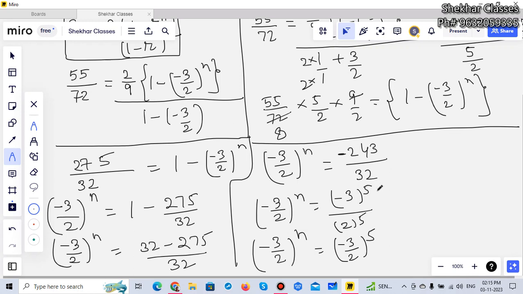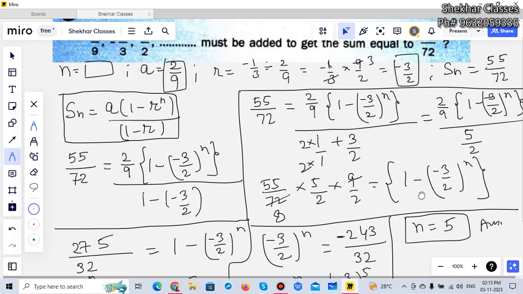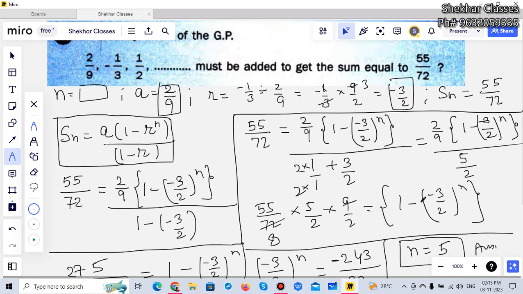What should be the power? It will come across, if you take a simple number, you may take this 243 or you may take 32, whichever gives you the idea, and you can solve it. So you can see the bases are the same, so the powers must be equal. So n is equal to 5, and there are 5 terms which are added up to give you the sum as 55 upon 72, and this is the final answer that we have.